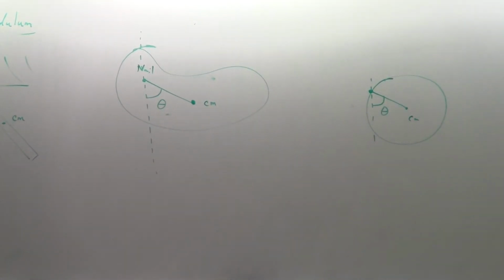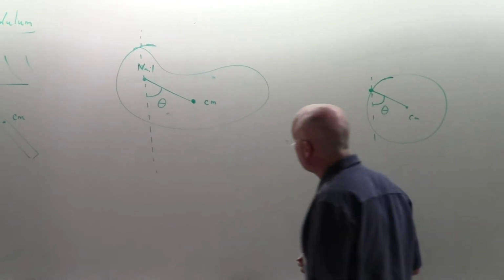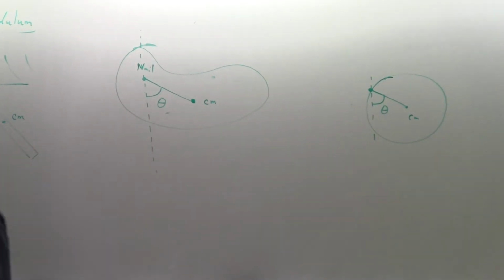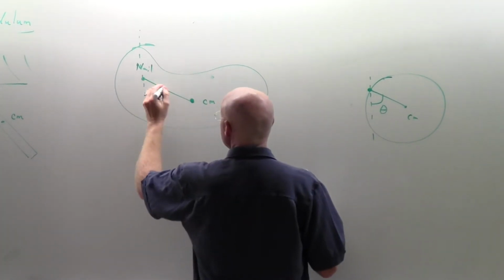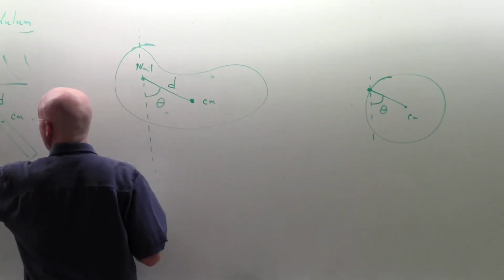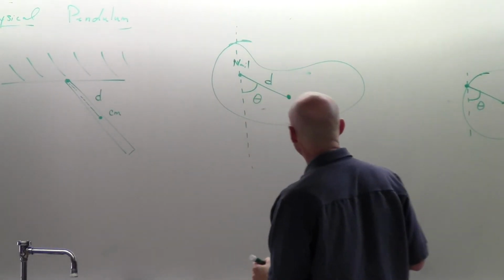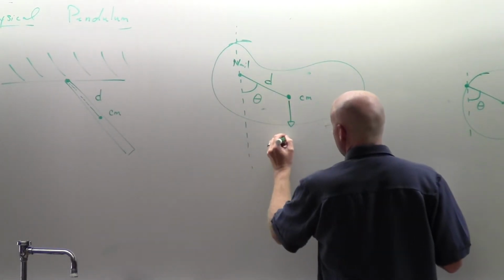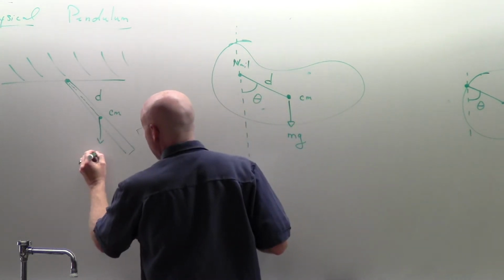And so in this case, as I come over here and I look at the torque, well, oh, and I just want to make sure I use the same notation your author uses. Your author says if this is d, d being the distance from where you are pivoting to where the center of mass is, because we know at the center of mass is the effective force of gravity, mg.